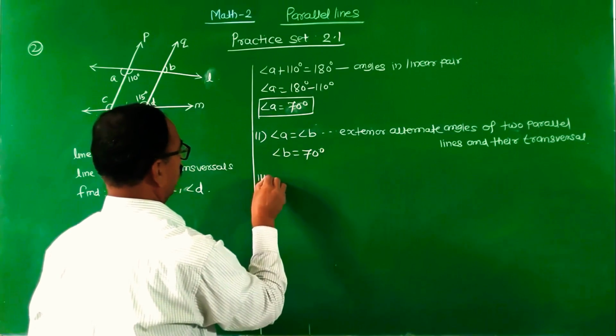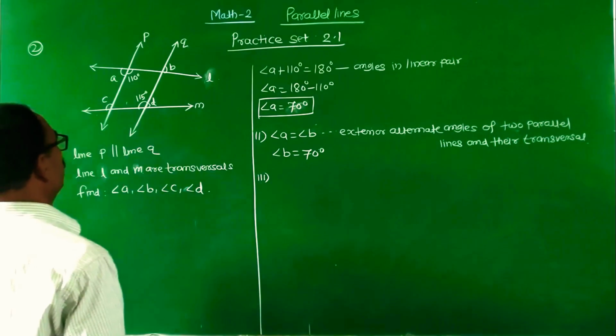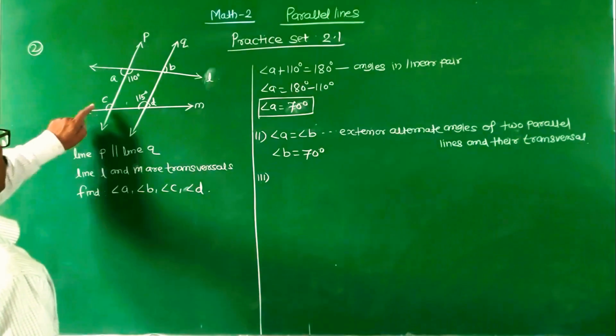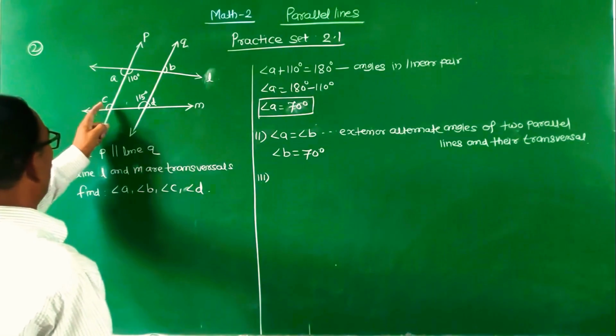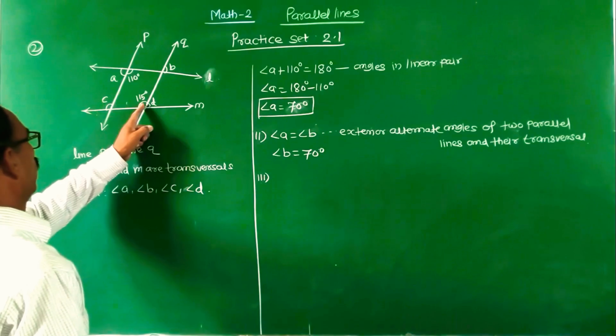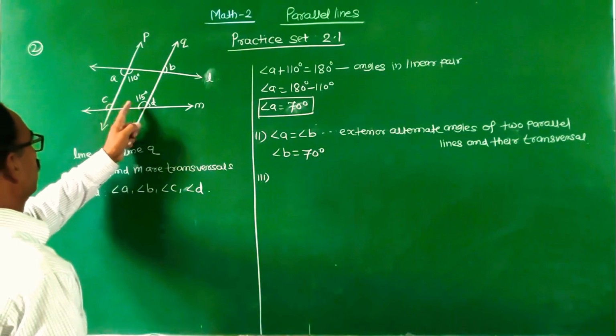Number 3, we have to find angle C. So this is angle C. The measure of angle C and the measure of 150 are equal.